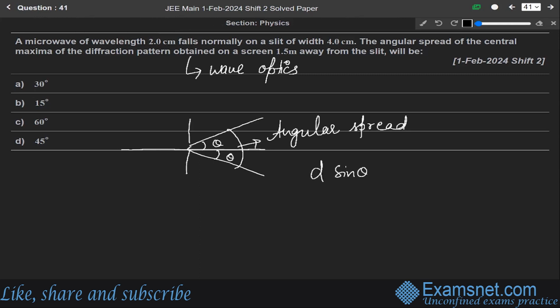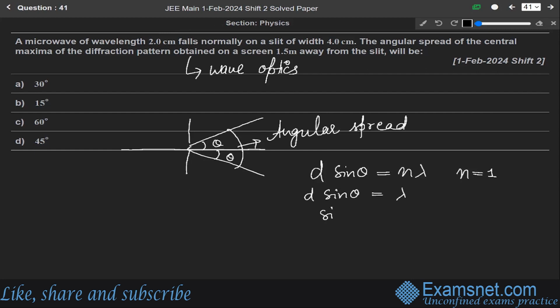theta equals n lambda, and it is central maxima, so n is equal to 1. So d sine theta equals lambda, where d is the slit width.